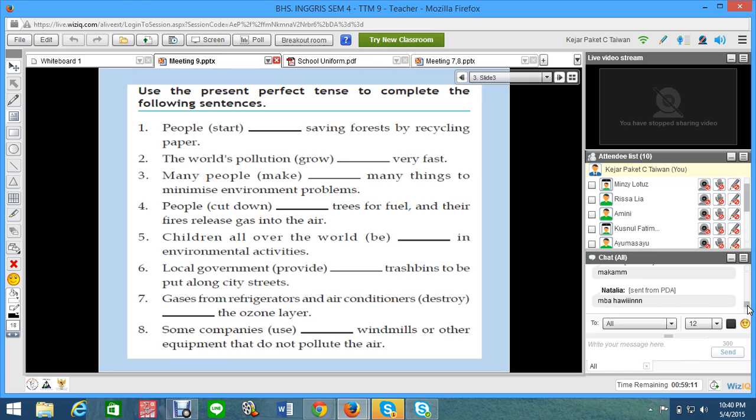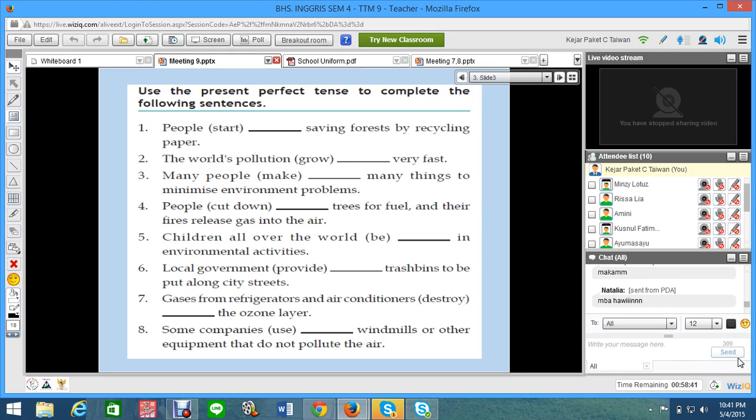Mbak Santi, sudah bisa Mbak nomor 1? Halo? Sudah bisa?